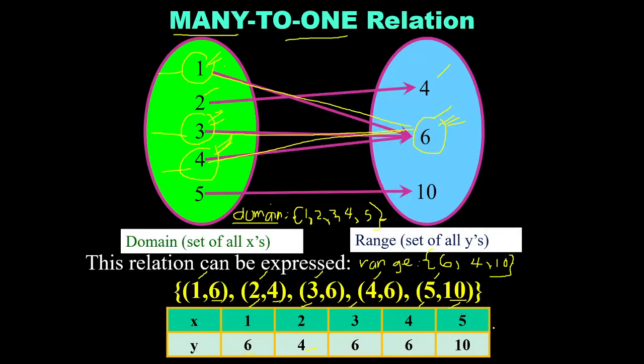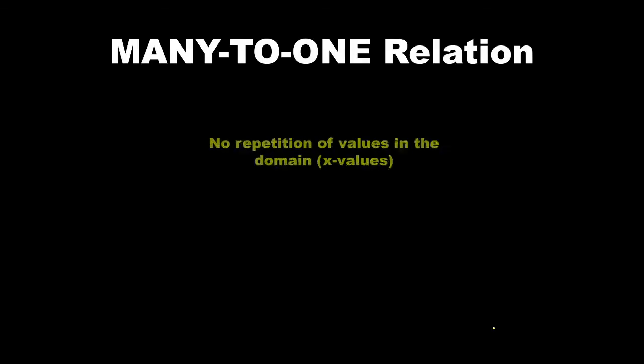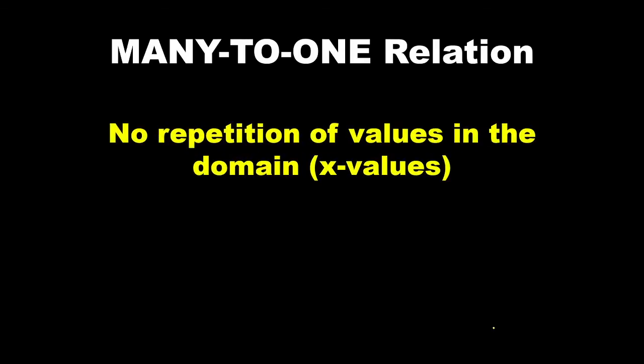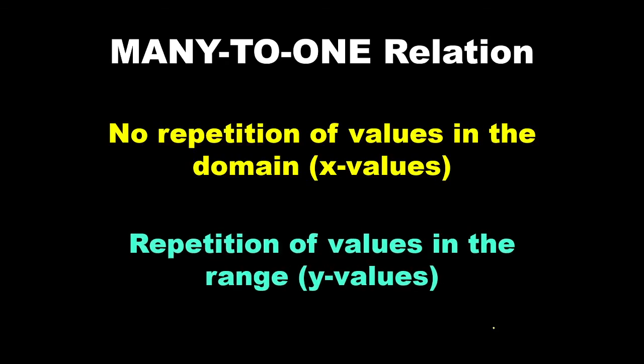Are there repetitions in the x values? No. So that's one property of a many-to-one: no repetition of the x values or the domain. The repetition occurs in the range. There is repetition of values in the range. Is the many-to-one relation clear?